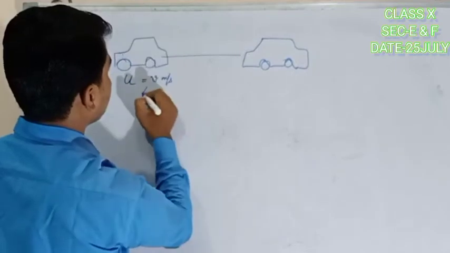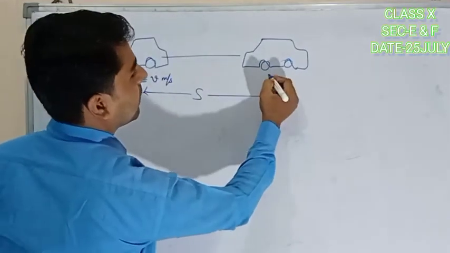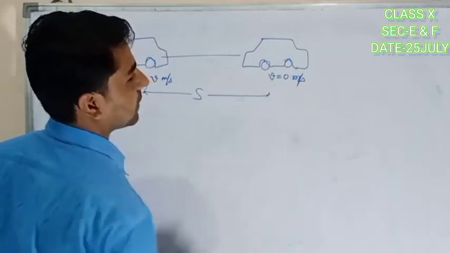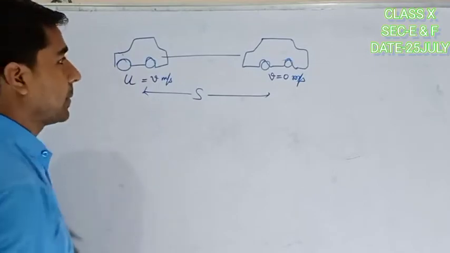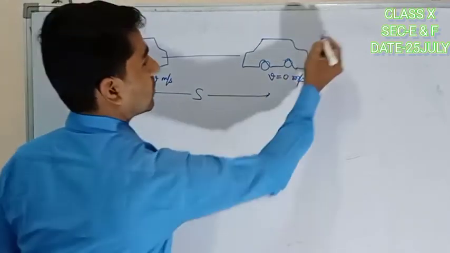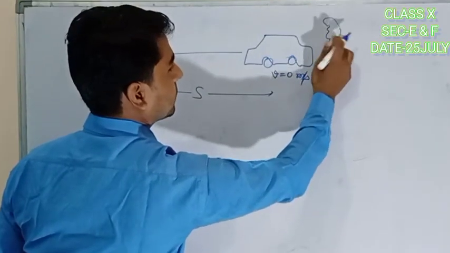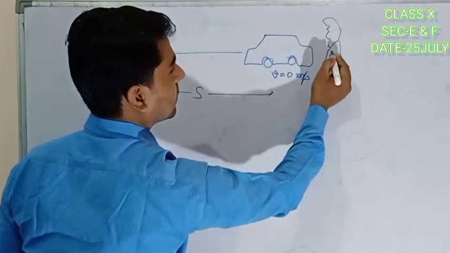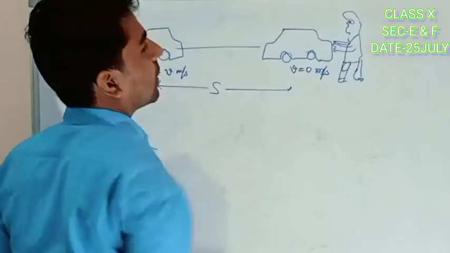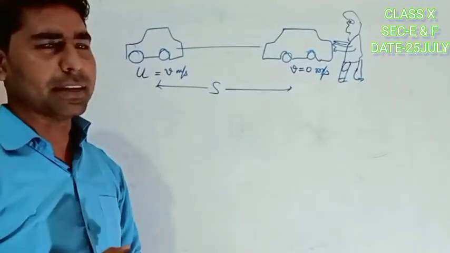Suppose this distance is s, and finally the final velocity comes to 0 meter per second. We have to calculate the work done by the person. The work done by this person to stop the car is the kinetic energy.